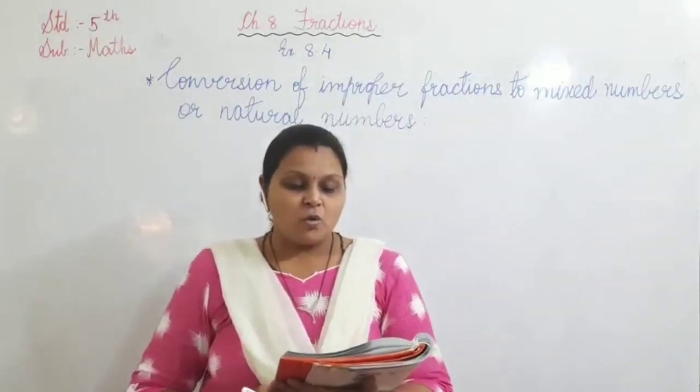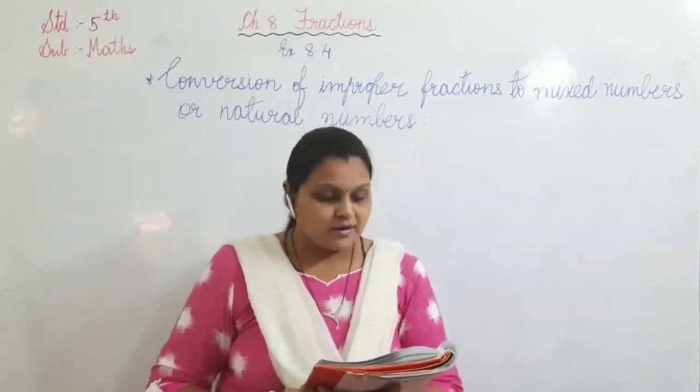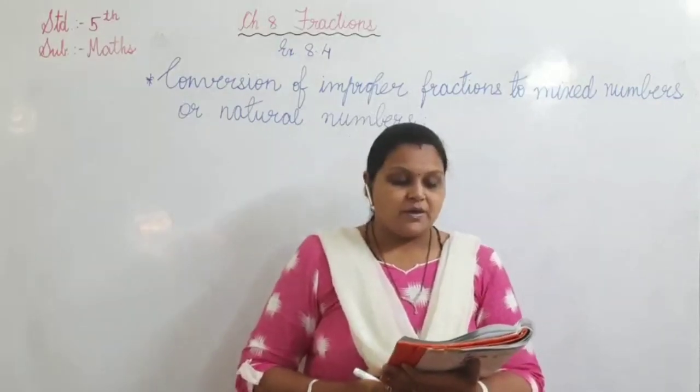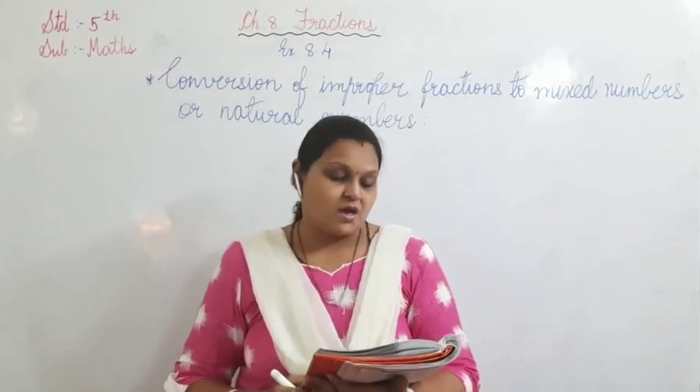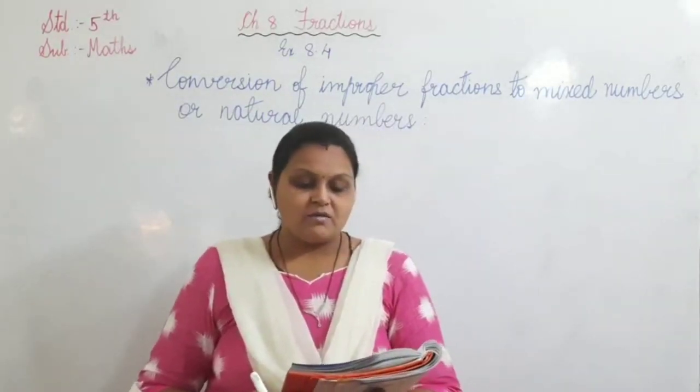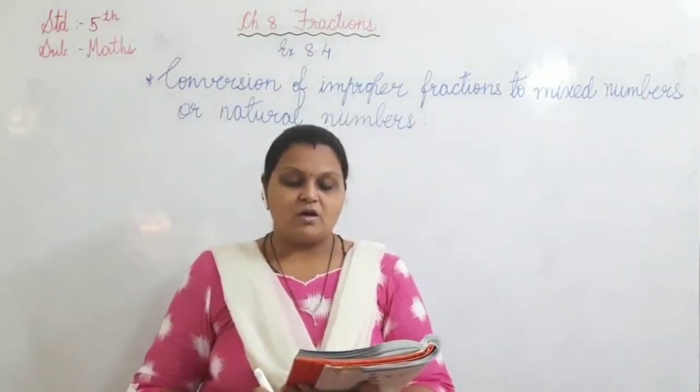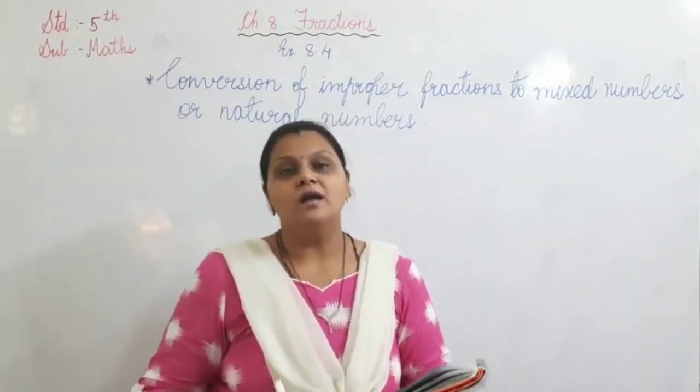Second, write the quotient as the natural number. Next, the remainder is the numerator of the proper fraction. Next, the denominator will be the same denominator as the given improper fraction.